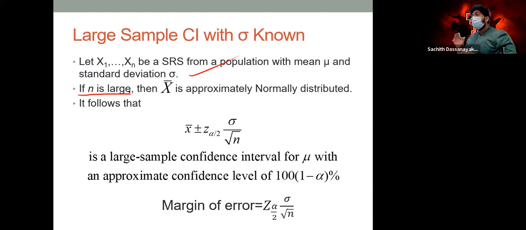If n is large enough, that's the word, we can approximate that x bar is normally distributed. That's why they have mentioned x bar is approximately normally distributed. So don't ask me what the value for n is, large enough.